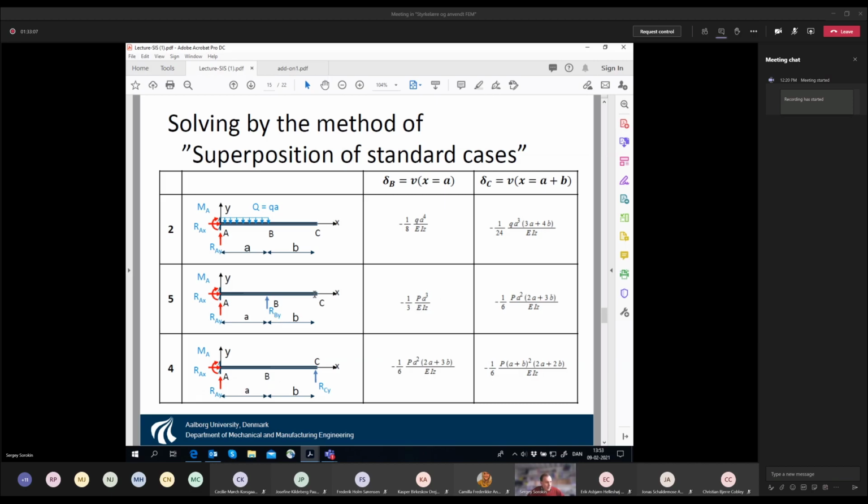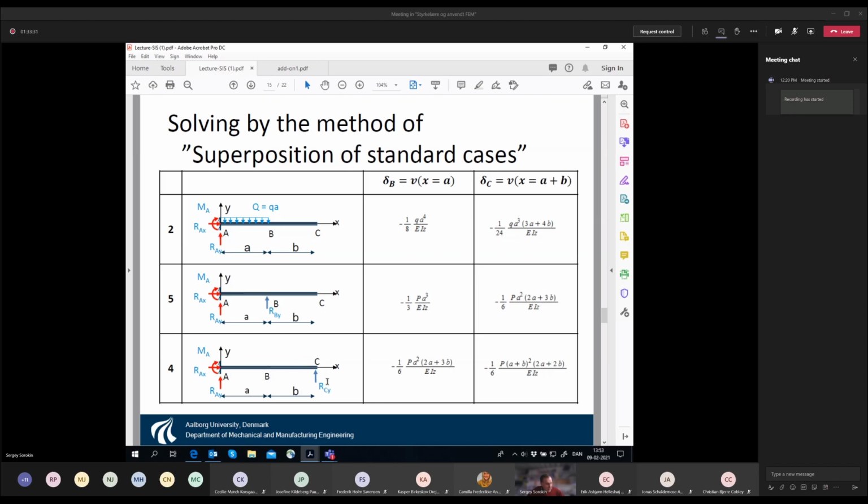Again, if we take a look at point C from the same table, it's going to be like this. And here it's all familiar, except for the P, and P is RBY. Then you take the next page, and you find this one.